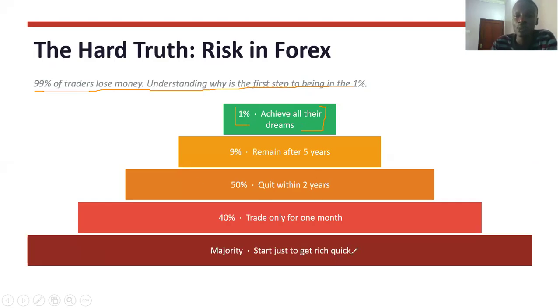Here, the majority of people start to get rich quick. Someone tells you, hey, there's Forex. You join, you start. But among those, there are few who remain. These are the 40% who only trade for 1 month. Then you're not seeing what you want.